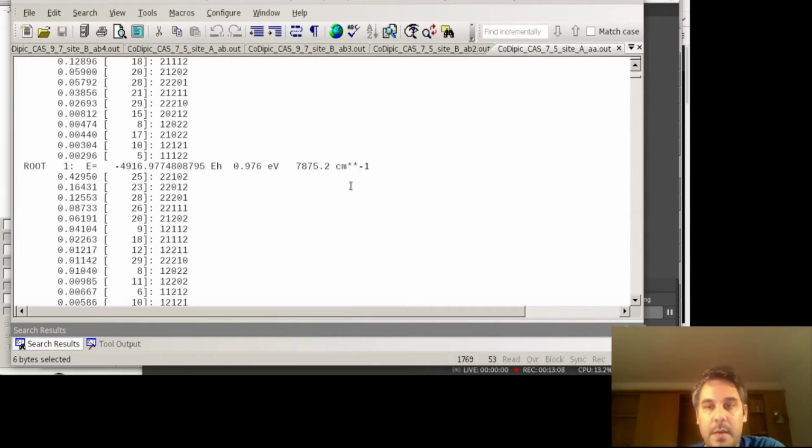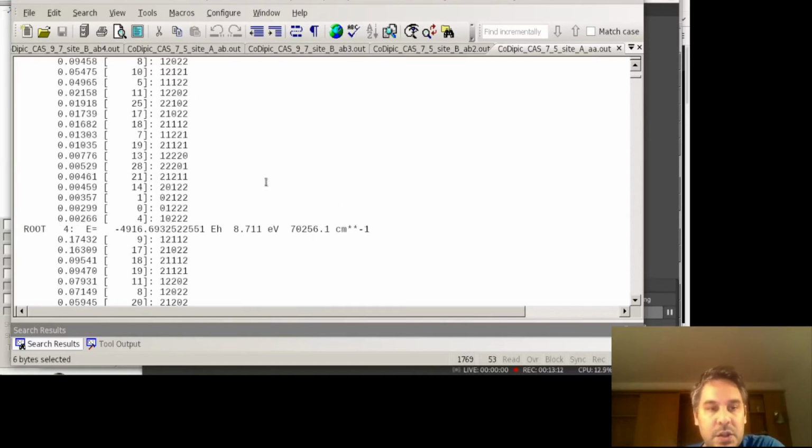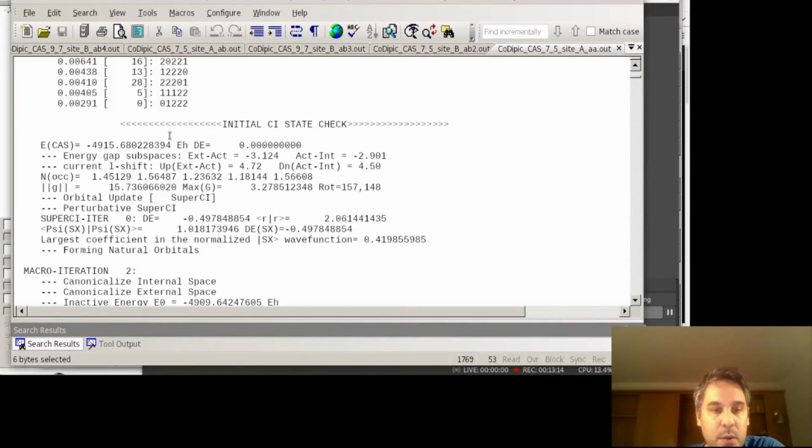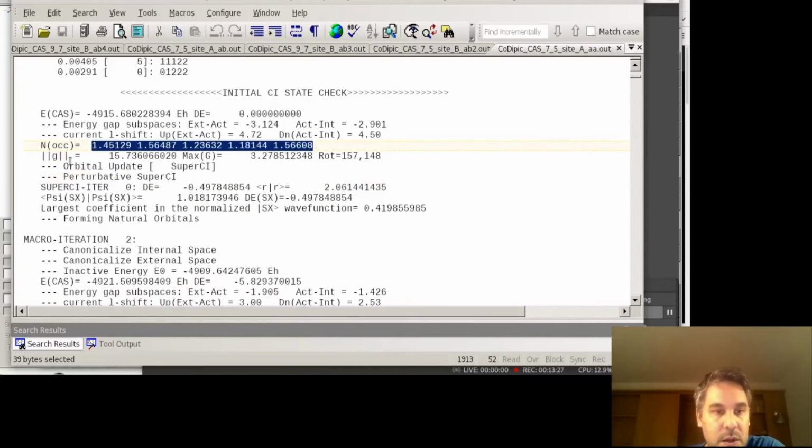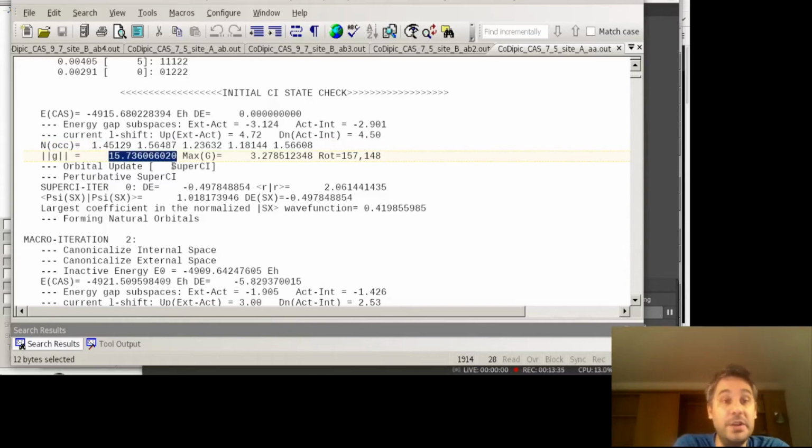CASSCF means complete active space self-consistent field. So, okay, we have different roots. And then what it does is it optimizes the orbitals and recalculates this configuration interaction matrix and obtains different roots. G is a gradient, a measure of how good the convergence is.